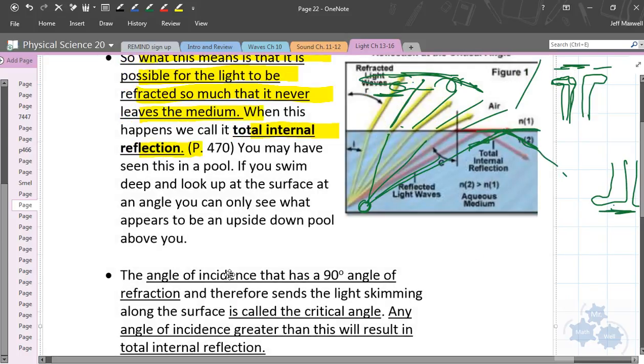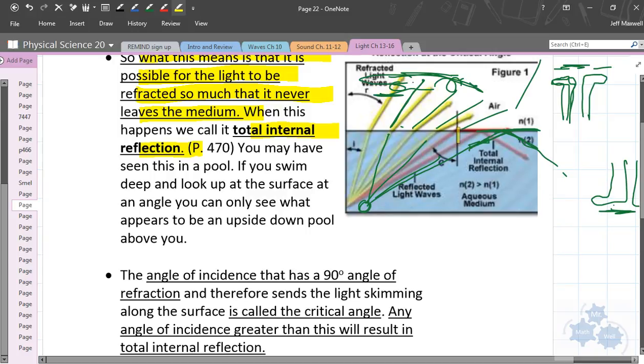The angle of incidence that has a 90-degree angle of refraction and therefore sends the light skimming along the surface, as I just mentioned right here, is called the critical angle. So there is a certain angle at which an incident ray will just barely skim along the surface.